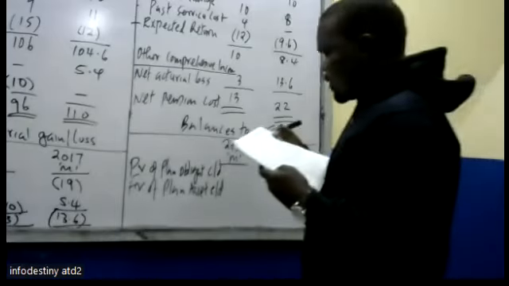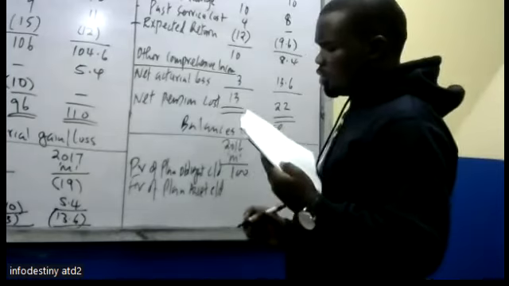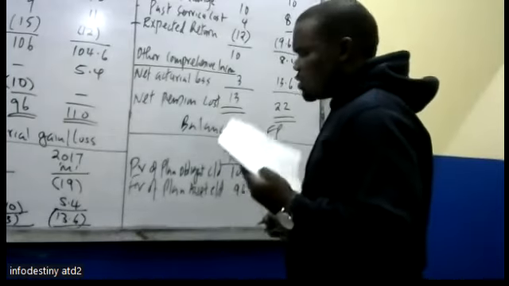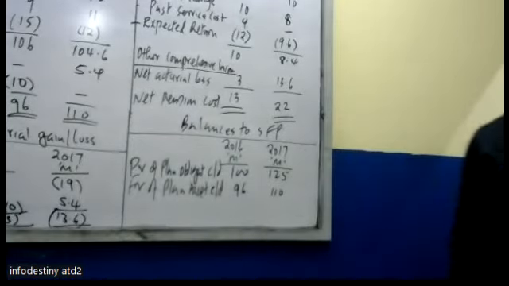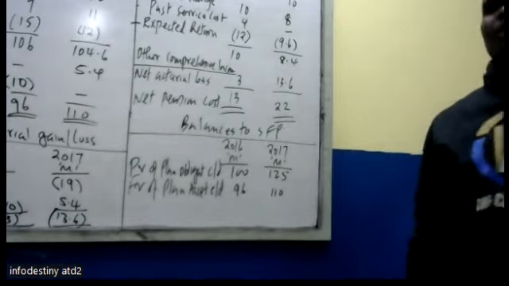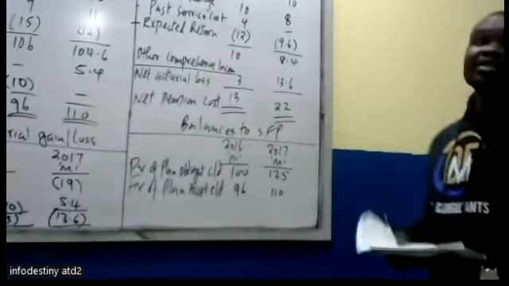So present value 125, 100. This other one 96, 110. So if you check keenly, the obligations are in each case more than the assets.